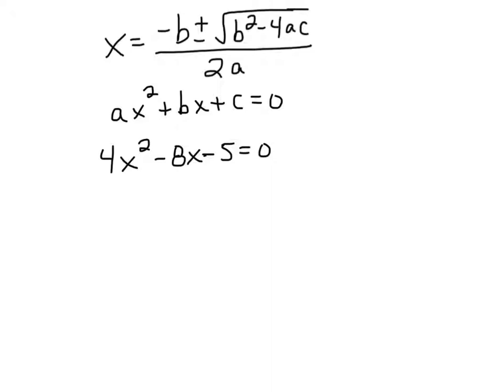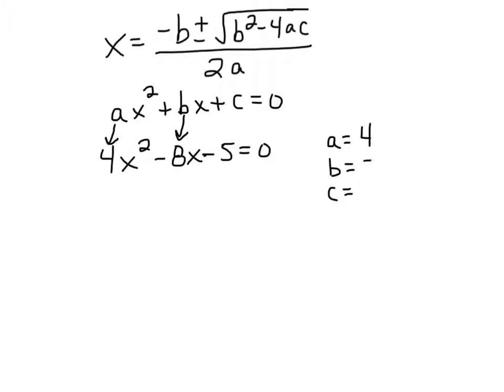If I were doing that and I wanted to use the quadratic formula, the very first thing that I would do is identify what my a is equal to, what my b is equal to, and what my c is equal to. The a is whatever number comes before the x squared. So in this case, my a is equal to 4. The b is whatever comes right before the x.